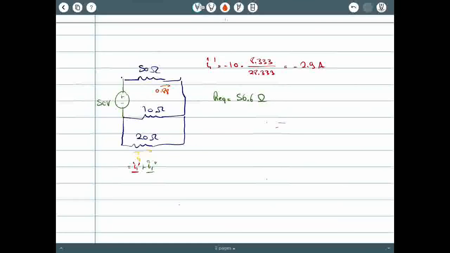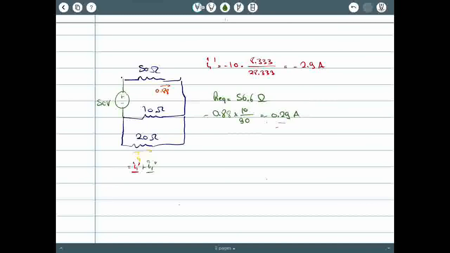Now using the current divider rule once again, we have 0.88 times 10 over 30. Now it's again minus. So it's gonna be equal to 0.29 amps, minus 0.29 amps.